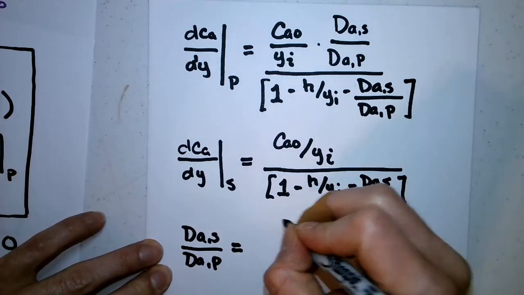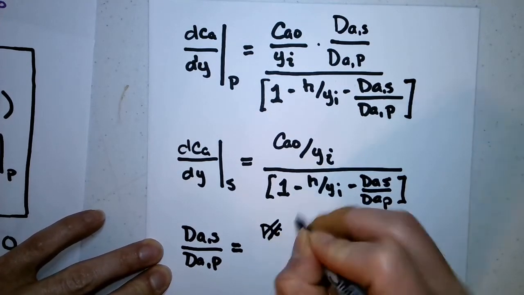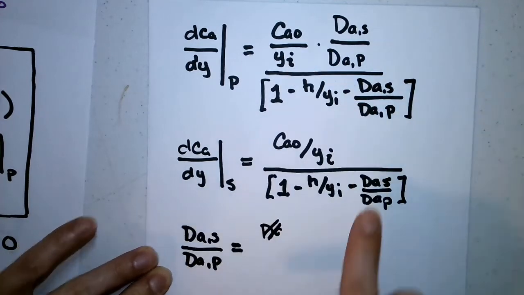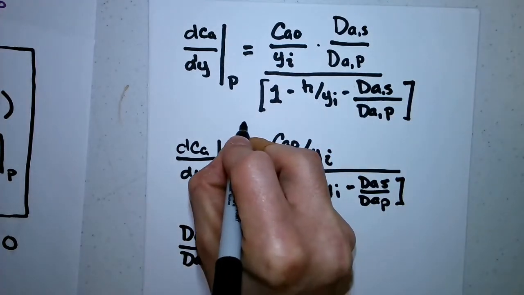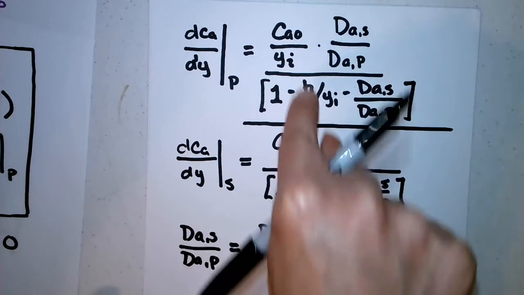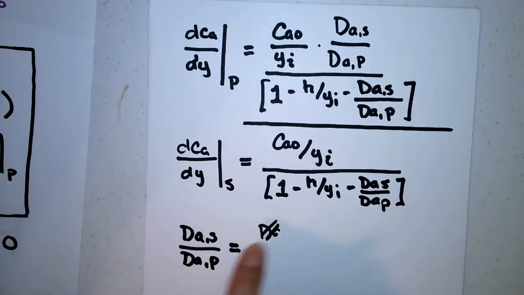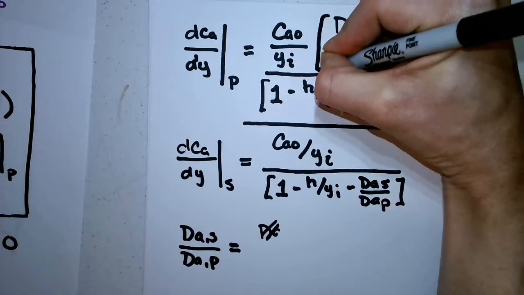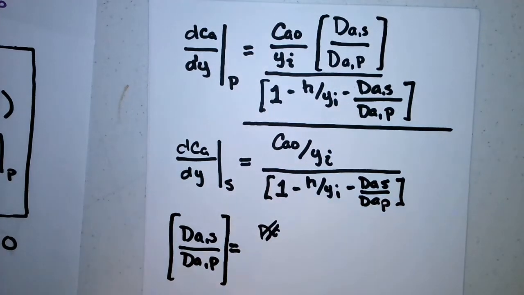This should equal C naught over yi. Actually, I don't need to really, let's just put a big division symbol here, and we can see that C naught over yi is going to cancel, this denominator is going to cancel, and sure enough, we're going to have this diffusion coefficient ratio is the only thing that's left if we take that ratio.